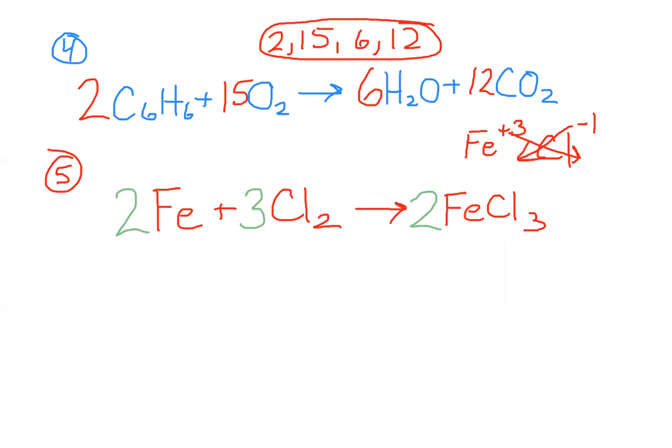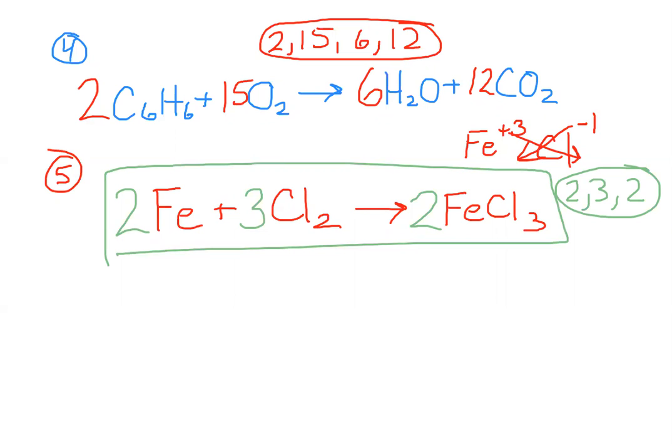Looking at the coefficients, 2, 3, 2, 2, that's reduced. There's nothing that can go into all those numbers. So this is the balanced equation for number 5. I want you to finish it. So now you have 3 things to do, 3B, 4A, and finish number 5. Let's look at number 6.